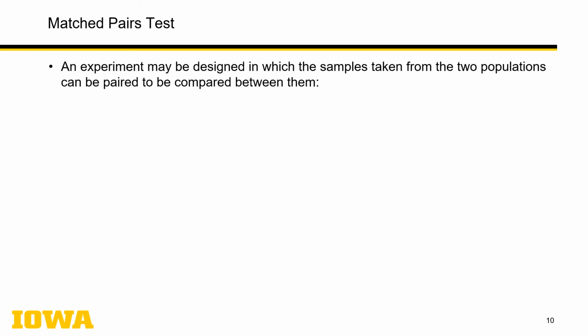Lastly, we're going to talk about what's called a matched pairs test. This is a special form of two-sample test. It happens because of the way the test is designed. An experiment may be designed in which the samples taken from the two populations can be paired to then compare between them. So what does this pairing mean?